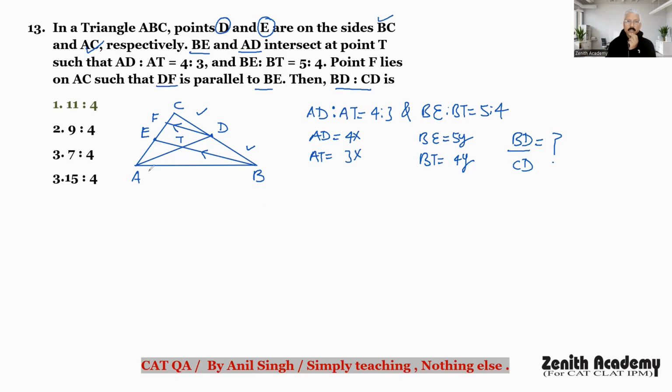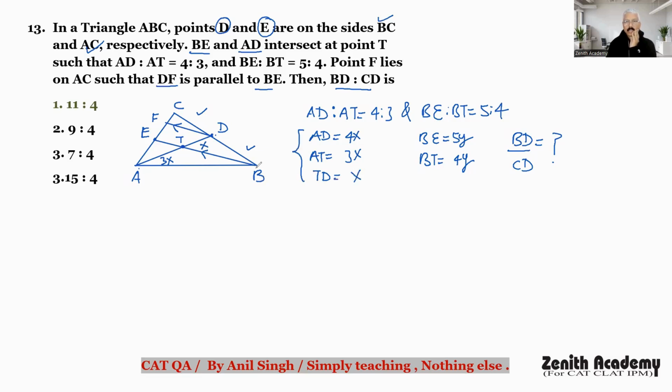Here AD is 4x. AT is 3x. So 4x, so this TD will be x.